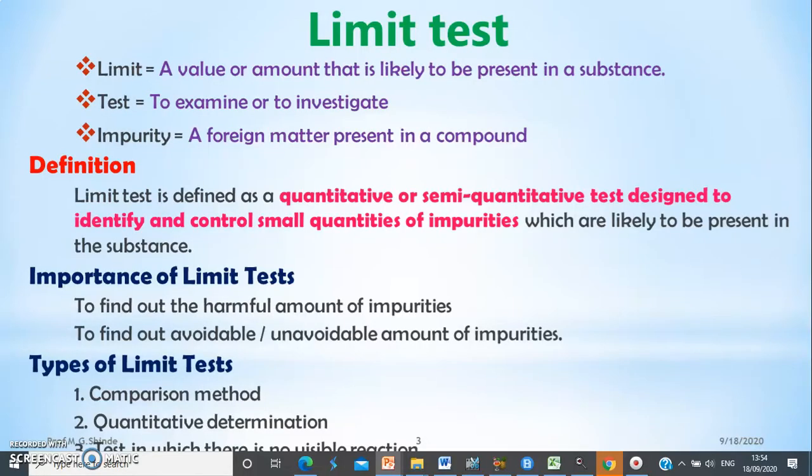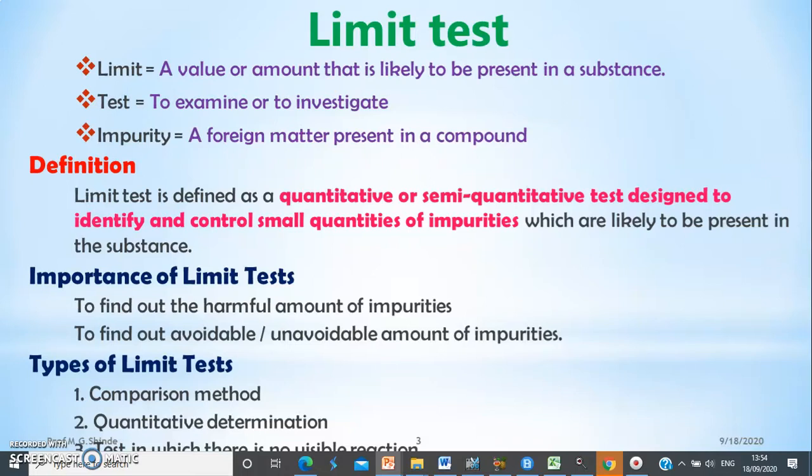So very first of all, limit test. Limit is a value or amount that is likely to be present in the substance, while test is to examine or to investigate. As already we have discussed, impurity is a foreign matter or unwanted substance that is present in the compounds. So we have to find out here the limit for the impurity.